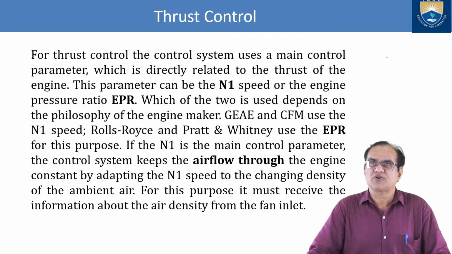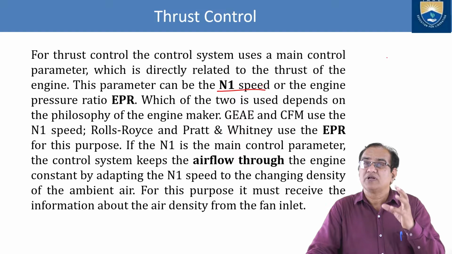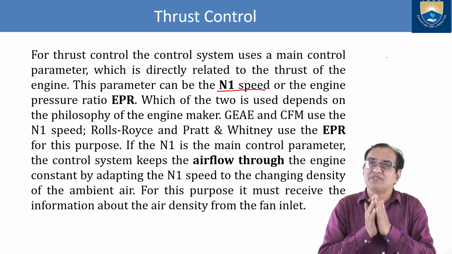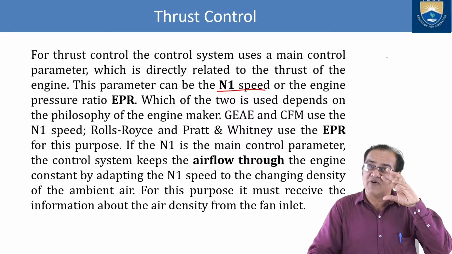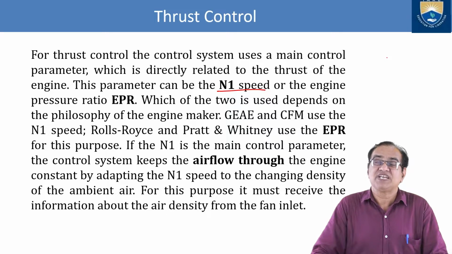For thrust control, the control system uses a main control parameter which is directly related to the thrust of the engine. This parameter can be N1 speed. So for controlling the thrust, there should be one speed or RPM of the engine, the main parameter related to the thrust, which is N1 speed, or the engine pressure ratio, EPR.